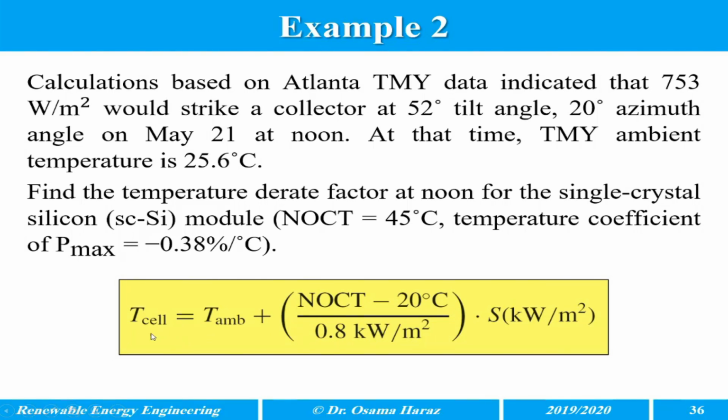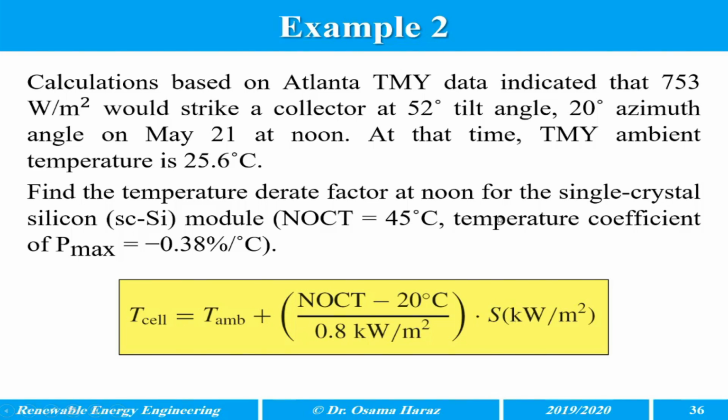To find the temperature of the cell, we need to know the ambient temperature. Ambient temperature is given, it's 25.6 degrees, and NOCT from the data sheet is given as 45 degrees, minus 20 degrees, divided by 0.8, multiplied by the irradiation.